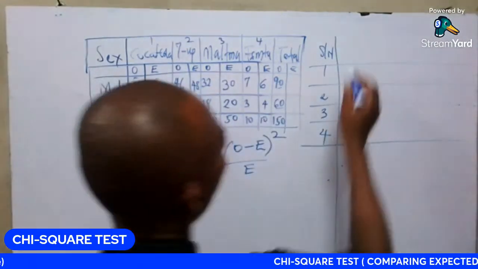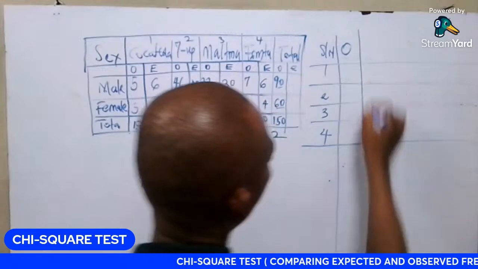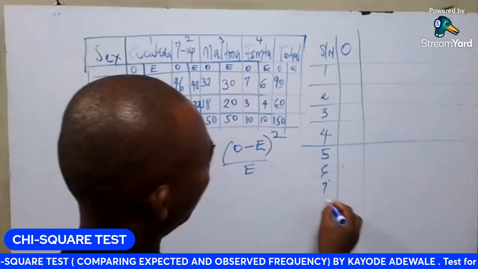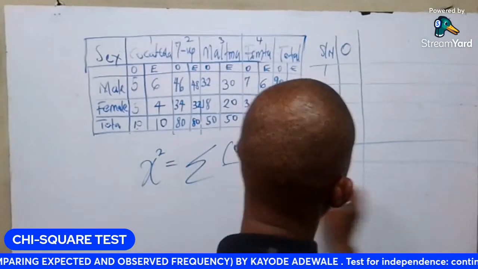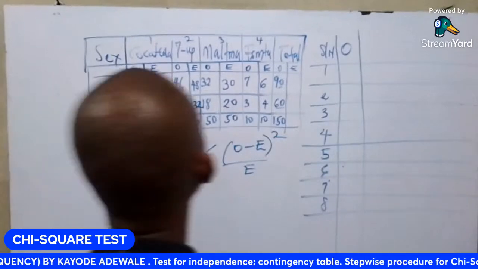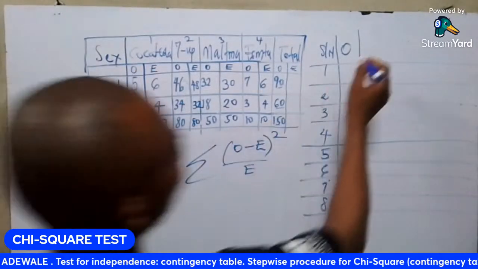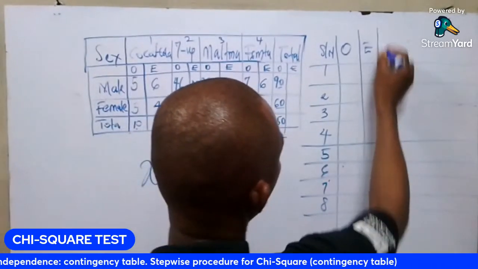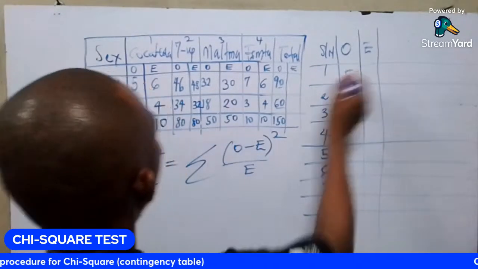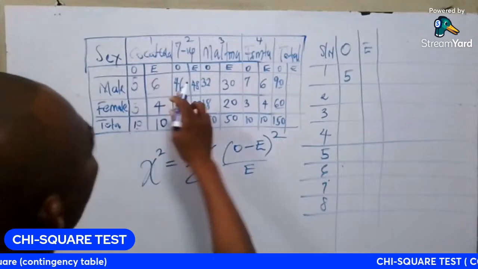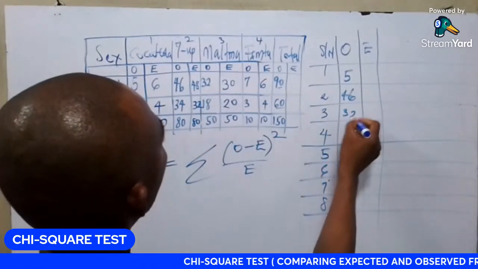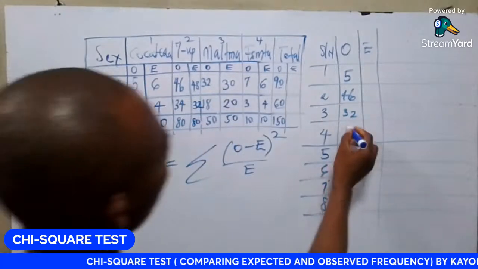So the next thing now is for me to get my observed value. So don't worry, this will be 5, 6, 7, and what? And 8. Why is it 7 and 8? Because we have male and what? And female. So observed value now, observed value for all these, then I will get my expected value. So what are my observed values? For male, that is 5, 46, 32, and 7.